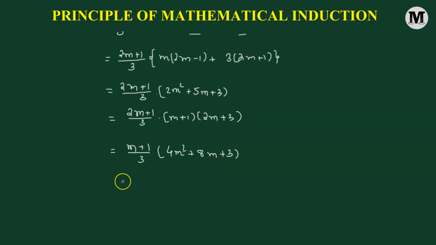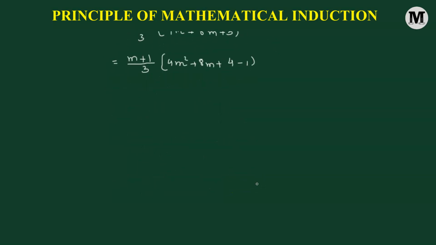Fine, we're almost done. We'll do a few manipulations before getting into the final result. So we have (m plus 1) over 3 that will be multiplied by 4m squared plus 8m plus 3, but we're going to rewrite the 3 as 4 minus 1.